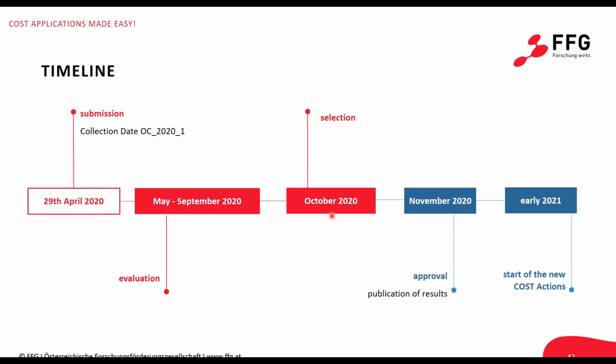So there is a scientific committee of COST, which will then, out of this gray zone, pick the last COST Actions to be funded. And in November, this will be approved by the COST Committee of Senior Officials, and the results will be published, and then one can approximately expect the start of the new COST Actions in early 2021.